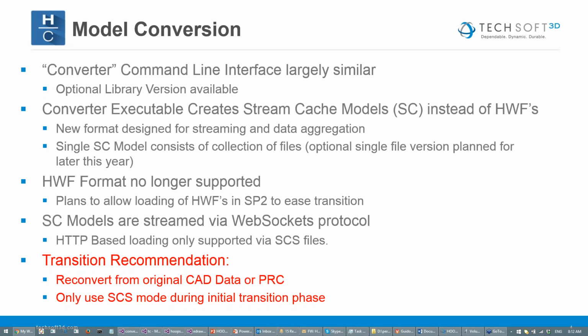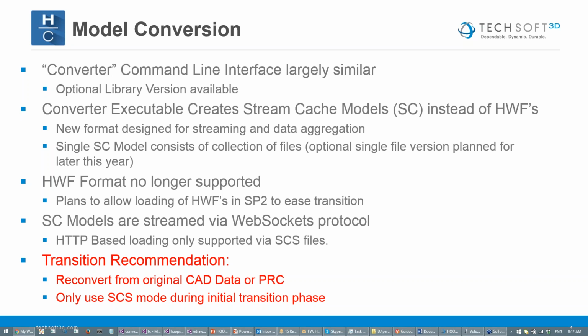The key aspect of that new architecture is that the models are actually streamed via the WebSocket protocol, and that means there's going to be a server instance running for every client that is connecting. We do still support the HTTP-based file loading that doesn't require a special server. We can just put the model on a file server and load it directly. It's a file.